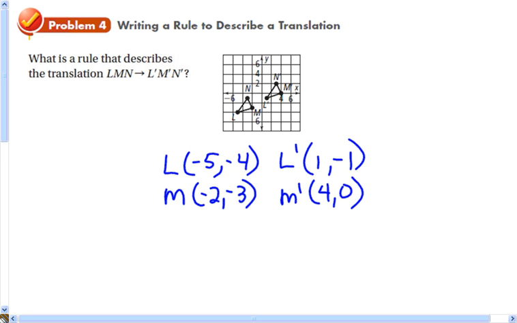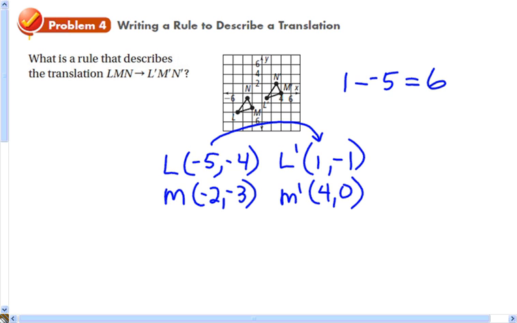And then see how those are changed, and we can see that by looking at the difference between the points. To map the x-coordinate from L to the x-coordinate of L prime, the difference between those, 1 minus negative 5, is 6, so that means we're adding 6 on that one.